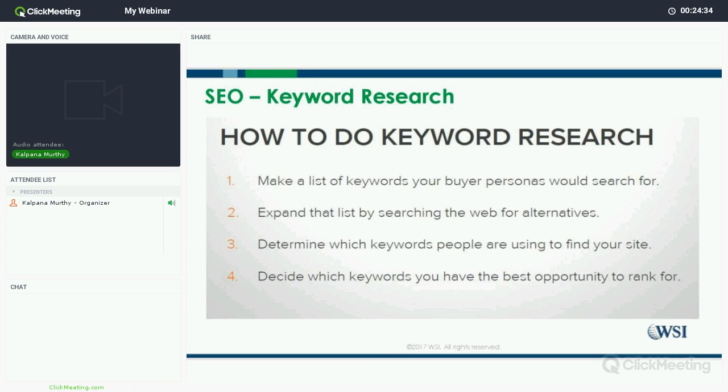These are all good alternatives for you to use for those keywords, and determine which keywords people are using to find your site. And this you can find if you already have Google Analytics installed on your site, you can take a look at the traffic coming to your website and which keywords are bringing traffic to your site as well, and decide which keywords you have the best opportunity to rank for.